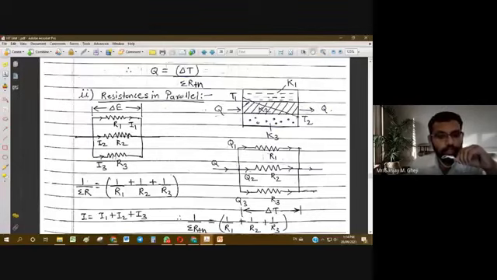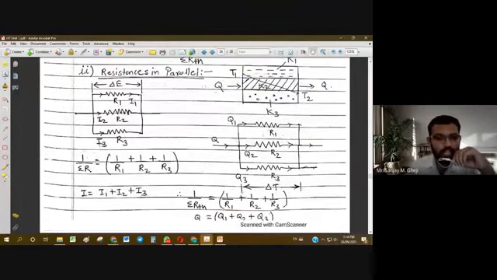So in this case, current will be different through each resistance. I1 will flow through R1, I2 through R2, and I3 through R3. But the potential difference, voltage or EMF difference delta E, will remain the same for all three resistances. In this case, the equivalent resistance is given by the reciprocal of equivalent resistance equal to 1 upon R1 plus 1 upon R2 plus 1 upon R3.